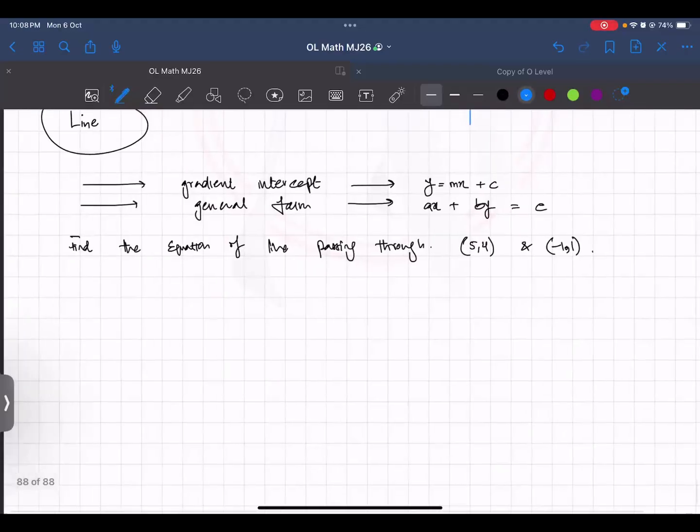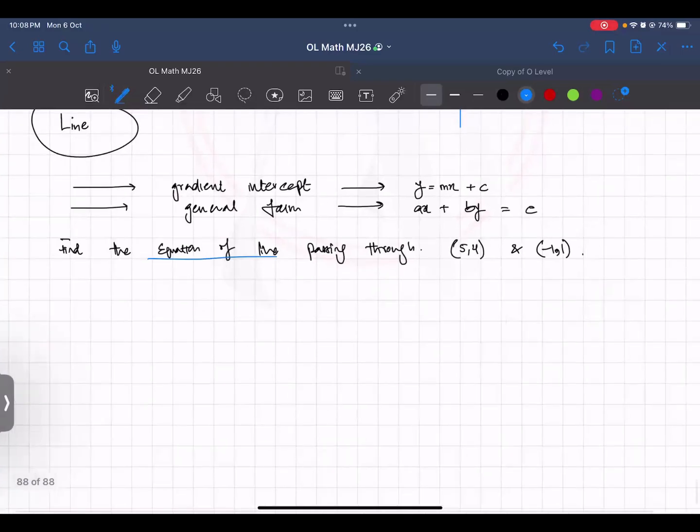Now, if they ask you to find the equation of the line, your mind should quickly reach the point that you would need the gradient.